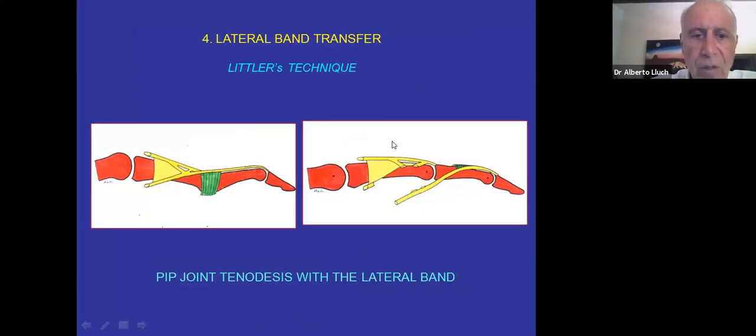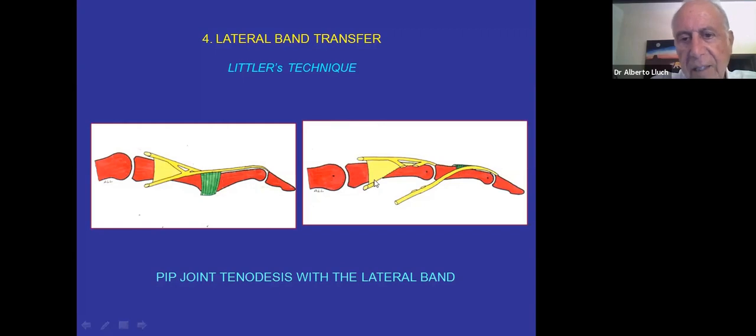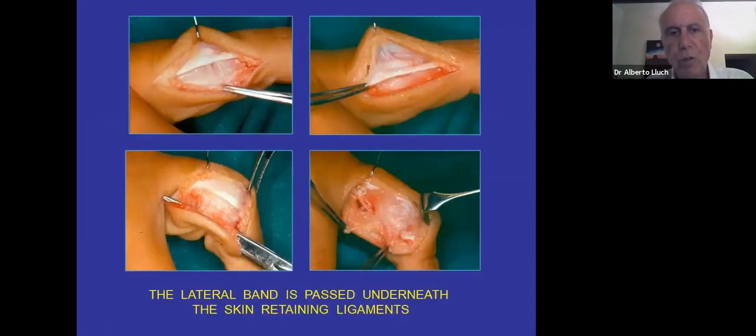Lateral band transfer, which is Littler's technique, consists in getting 1 lateral band, freeing the lateral band from the extensor tendon, leaving it inserted distally, cutting it proximally at the proximal third of the proximal phalanx, and then bringing it below the axis of rotation of the PIP joint. So we'll change the position of the lateral band from dorsal to volar to the axis of the PIP joint.